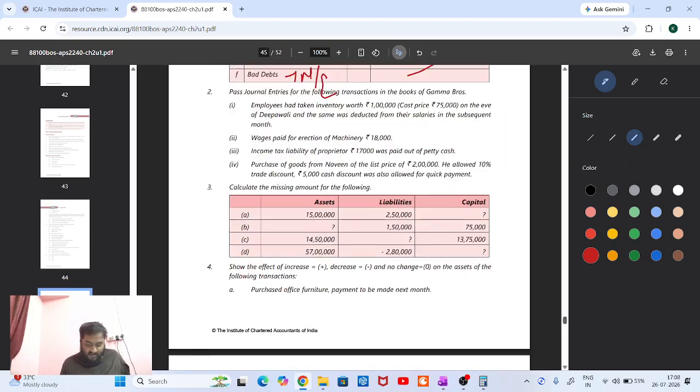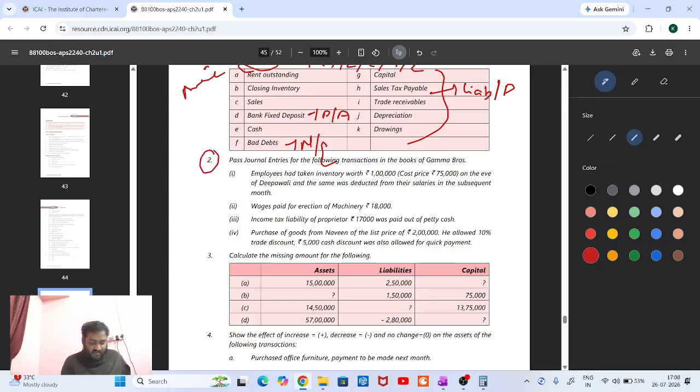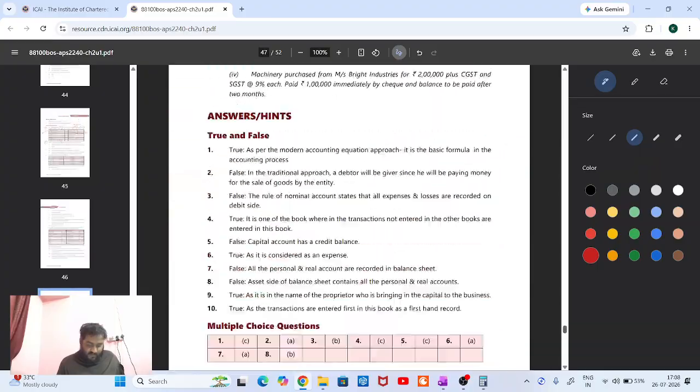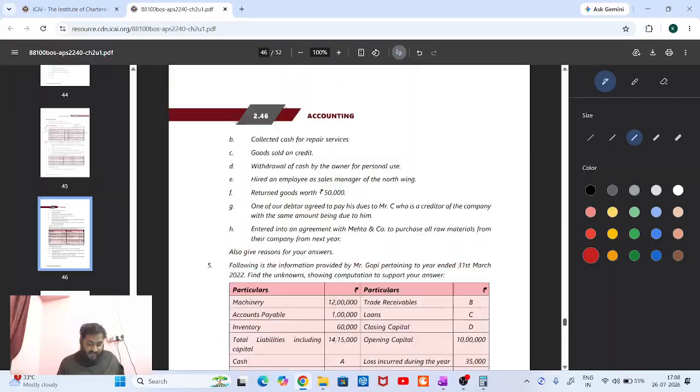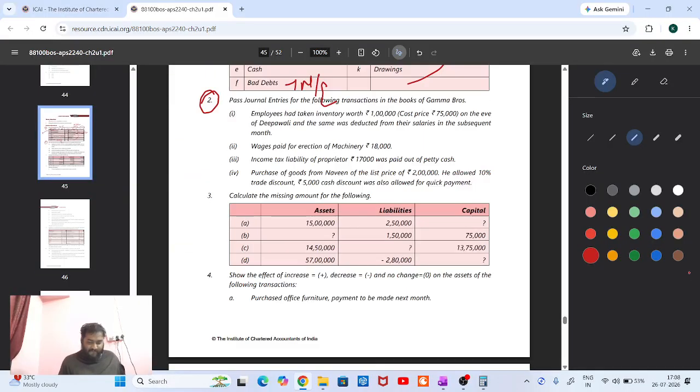Now, the past journal entries, they ask in the second question. Is there any complication here? How many questions? Five or six questions are there. The third question is easy.